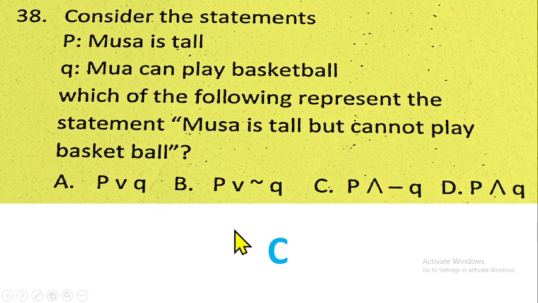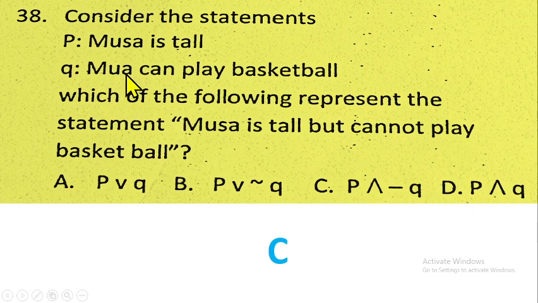Question number 38 is from propositional logic or statements. Consider the statement Musa is tall. It's a proposition P. Then proposition Q, Musa can play basketball. Which of the following represents the statement Musa is tall but cannot play basketball?